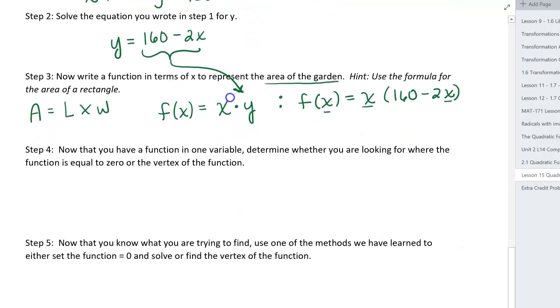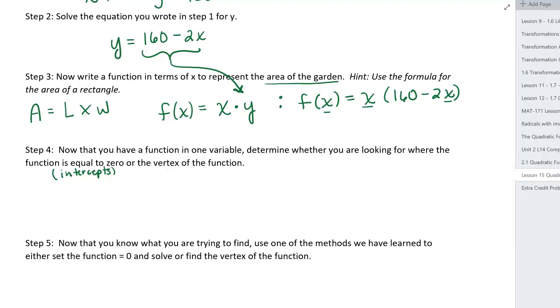So in step 4, now that you have a function in one variable, determine whether you are looking for where the function is equal to 0, which would be the intercepts, or the vertex of the function.